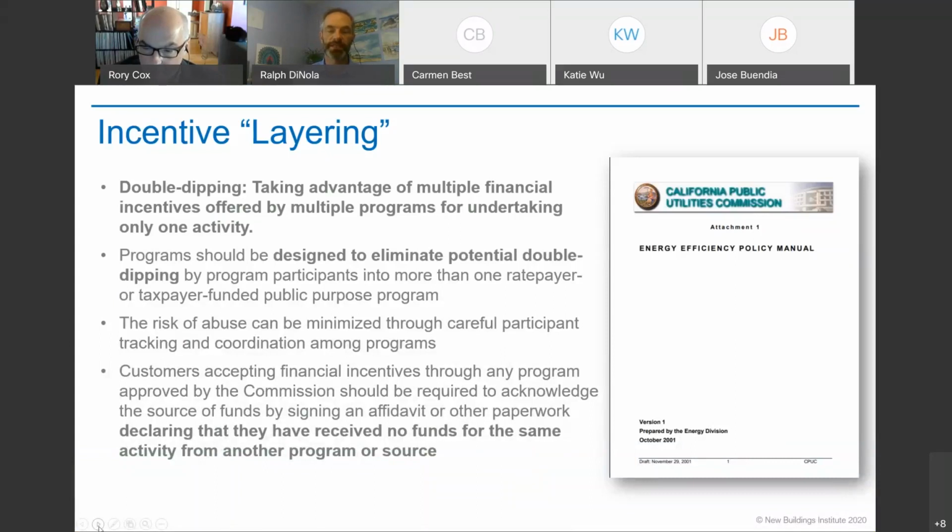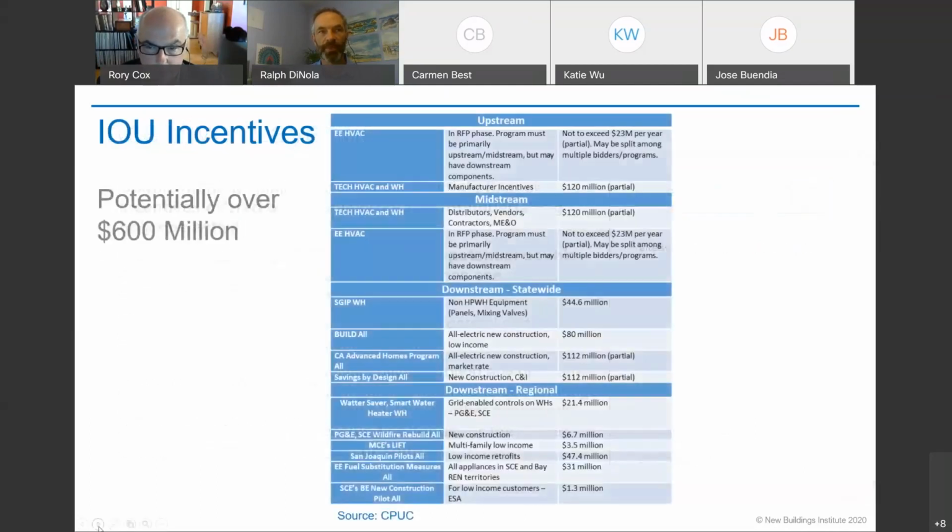Looking back at CPUC policies, there has in the past been a prohibition of this double dipping of incentives, what we're calling today layering or stacking. And again, I think it was maybe Katie that had shared that those policies were set at a time where we had a different view of the lens of equity and opportunity for customers and citizens of the state.